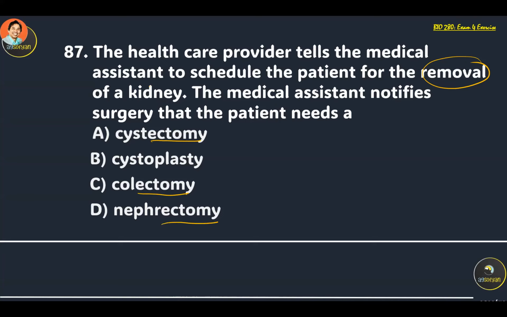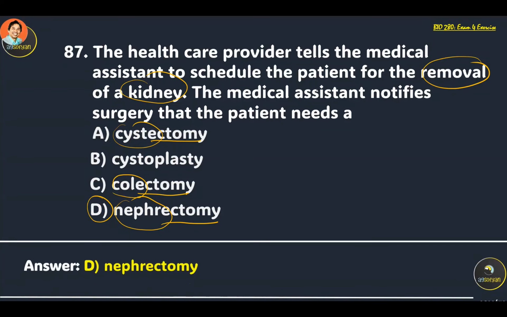This is kidney. This one is bile, so this is not the answer. This one also is not the answer. The one that's closer, because nephron is the functional unit of the kidney. So this should be the answer.